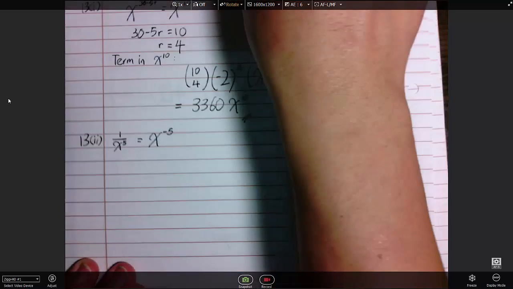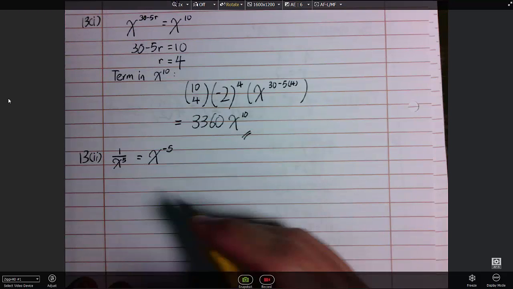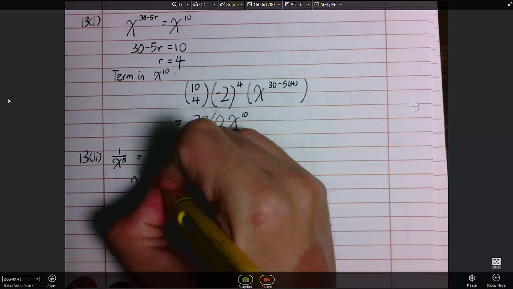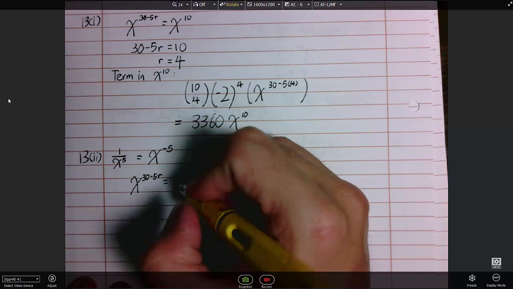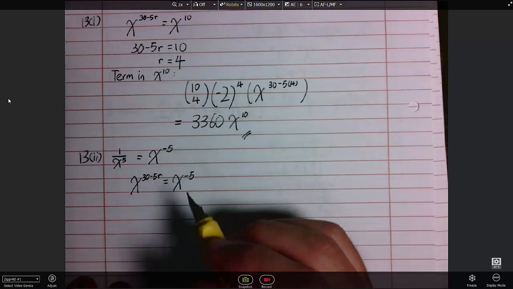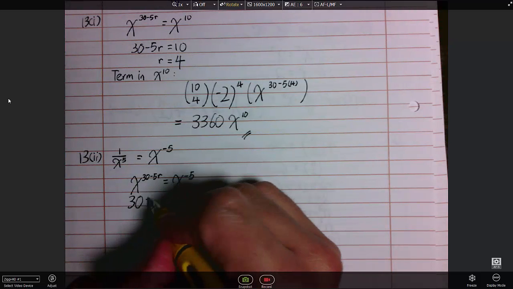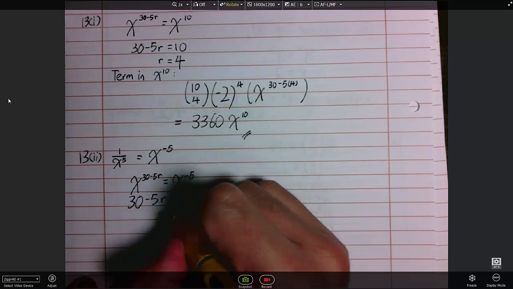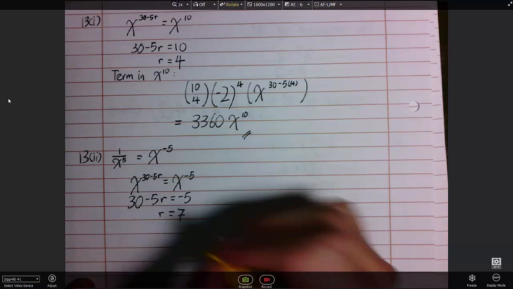Because I'm going to do something similar to what we did above. I write x to the power of 30 minus 5r is equal to x to the power of negative 5. Then I compare coefficients. 30 minus 5r equals negative 5. You solve for r, and r is equal to 7.